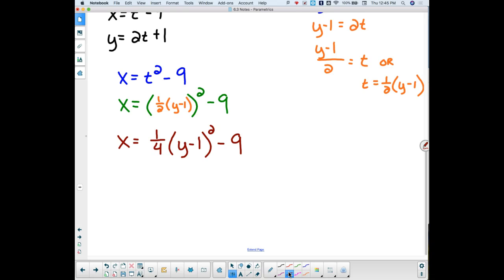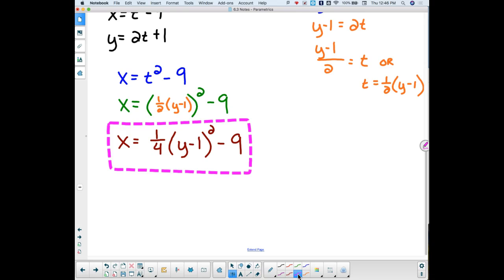Now, we've seen this before. Mathematically, what would that equation produce for a graph? What's it produce mathematically when I graph it?